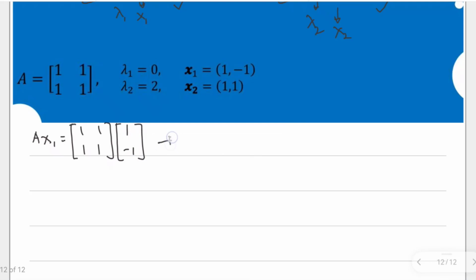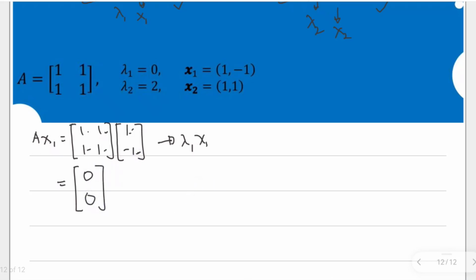And hopefully the result of this could also be expressed as the product of our lambda sub 1 and x sub 1. So you have 1 times 1 is 1, 1 times negative 1 is negative 1. You add them up, that's 0. 1 times 1 here is also 1. Then 1 times negative 1 also negative 1, that's 0.